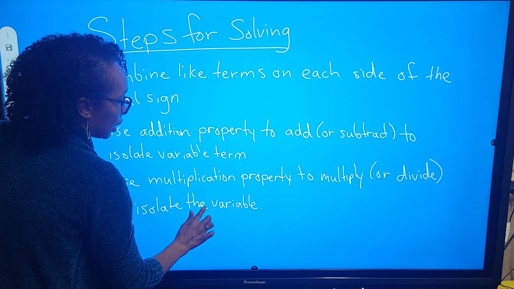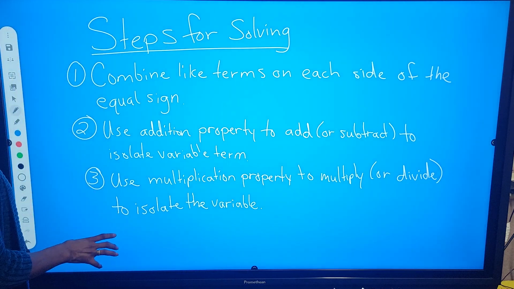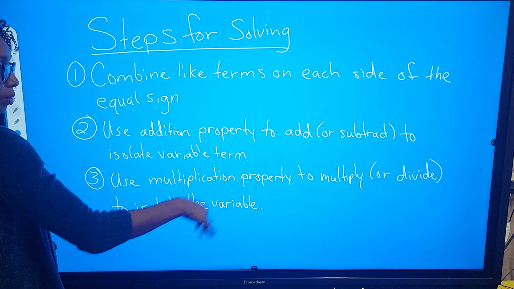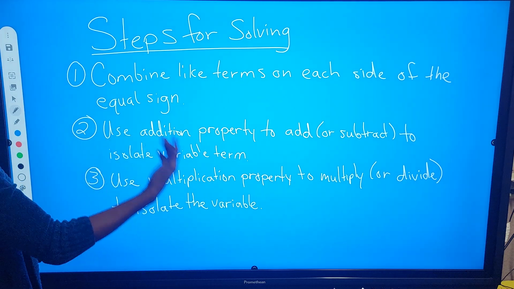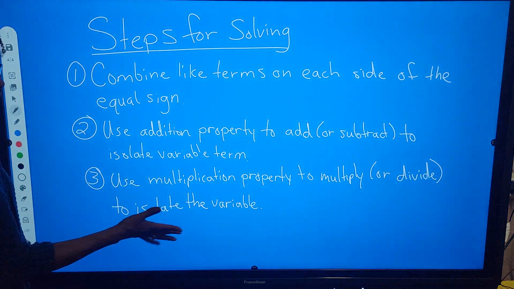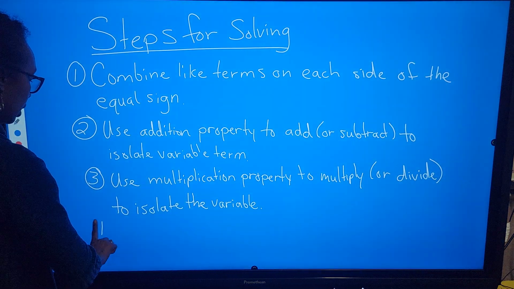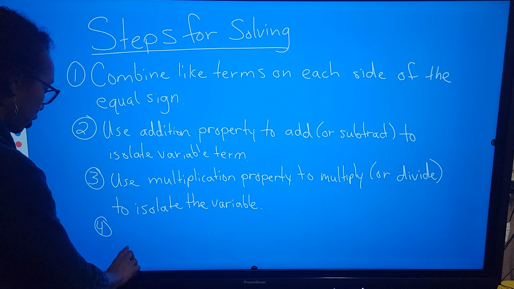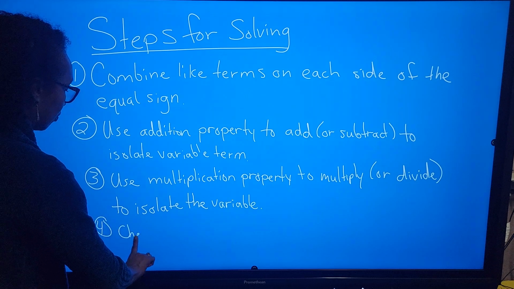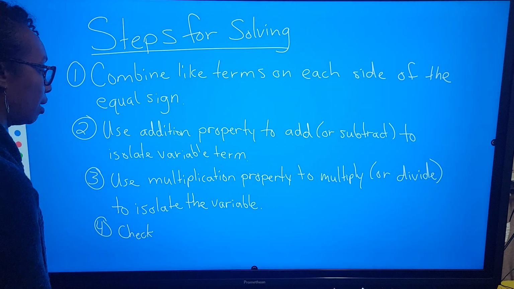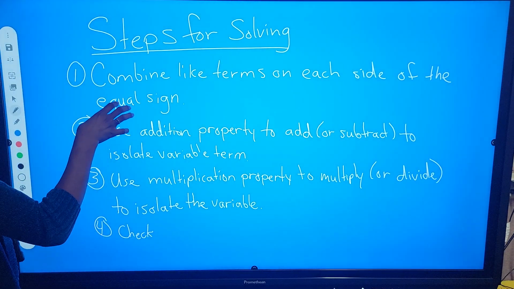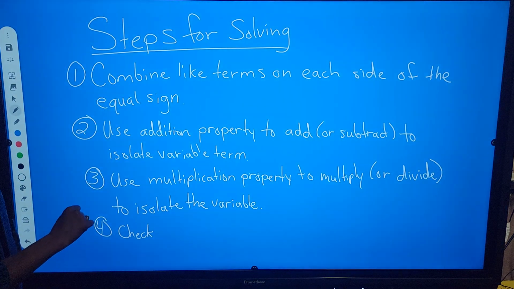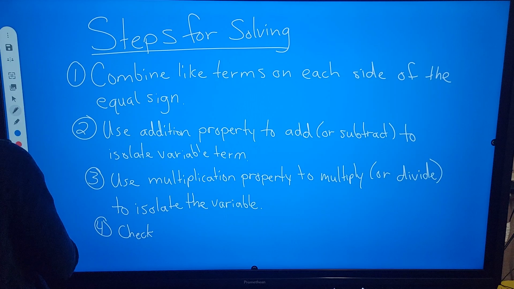So this time I expect to have just the letter, okay? Once I've used multiplication property, it should now say x equals some number or y equals some number. And then step 4, of course, would be to check. And we know we're going to do that by plugging in or substituting that value back into the original problem. All right, let's use the steps and let's look at another one.